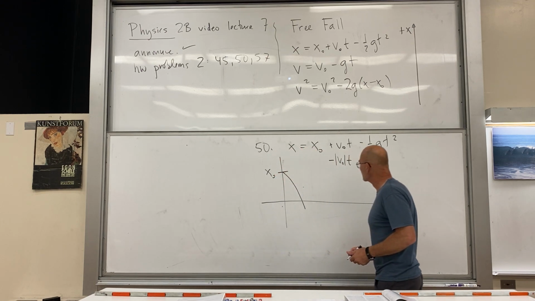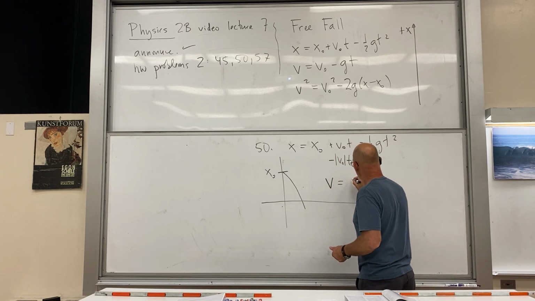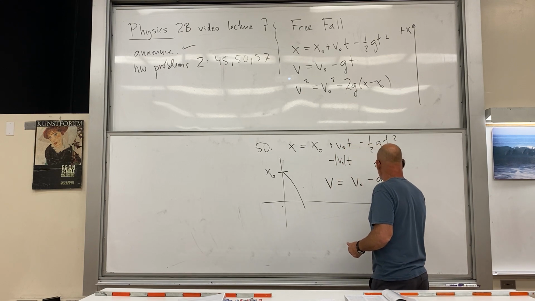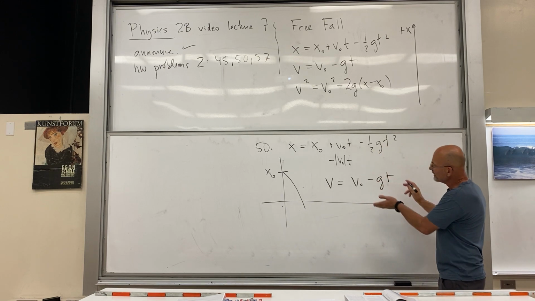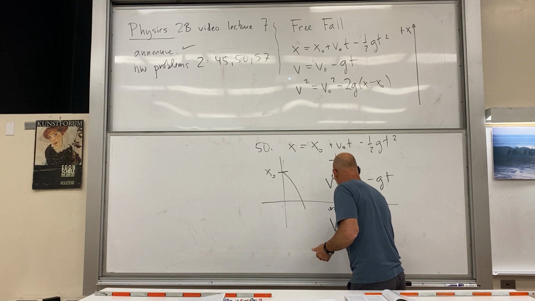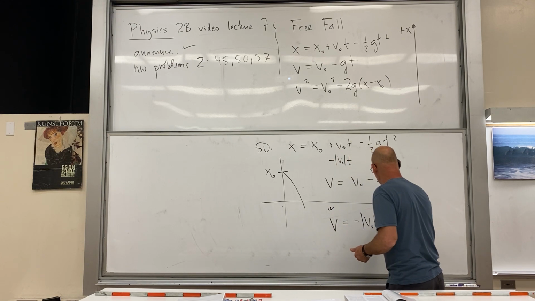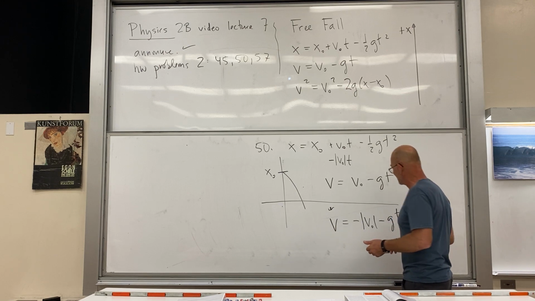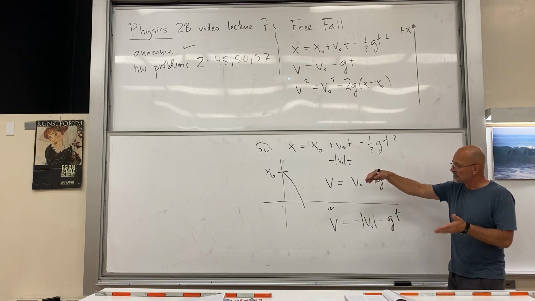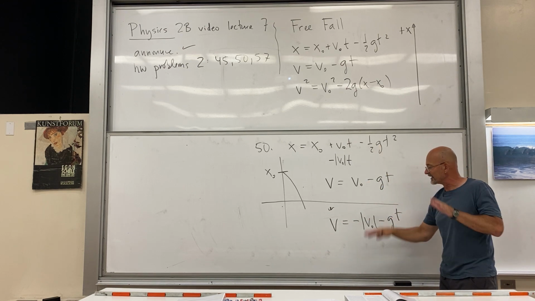But we have v equals v0 minus gt for the velocity function, or v is equal to minus v0 minus gt. Again, because the helicopter is descending, it's as though it were being thrown down in the downward direction.